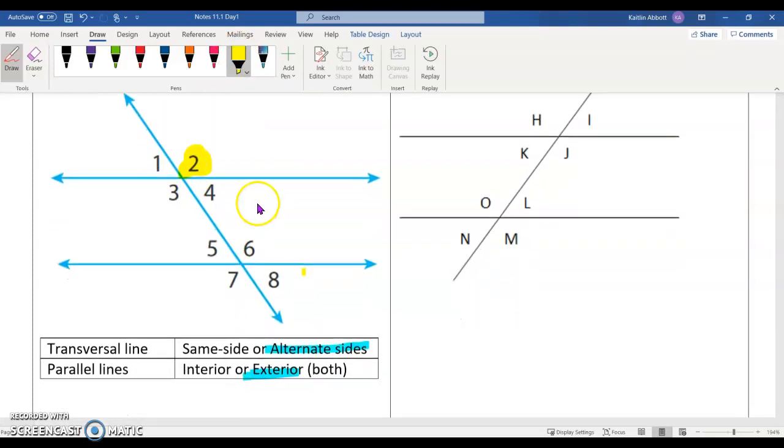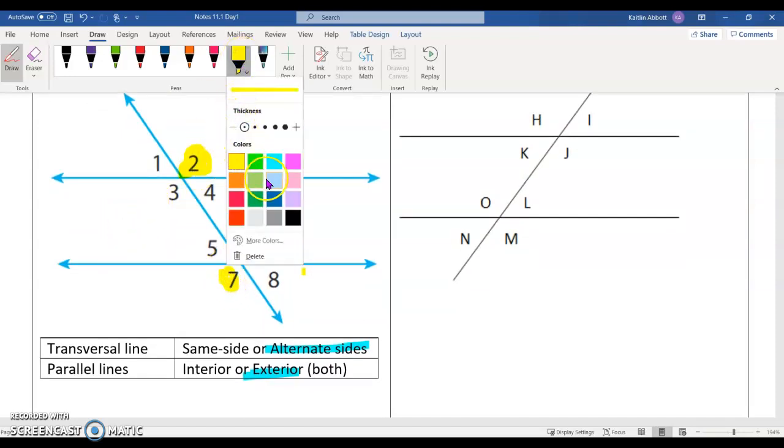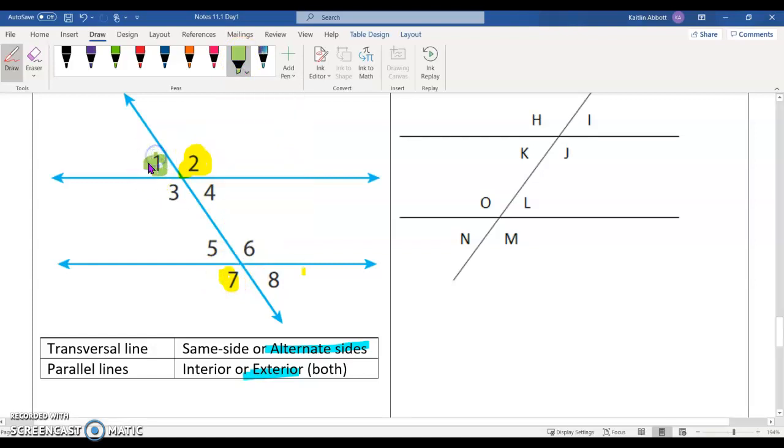So I got 2, and on the other side is going to be 7. Do you guys see another one? How about 1 and 8? Those are all of our outside points and on each side. So again, these are equal to each other. So if this was, again, 150, 7 is also 150. They are the same. They are congruent. They are equal.